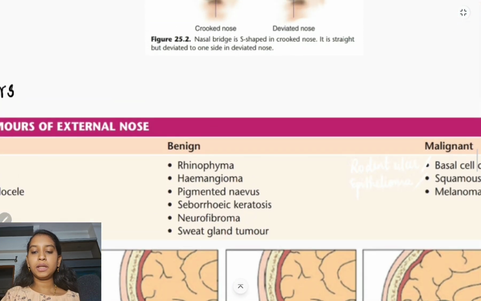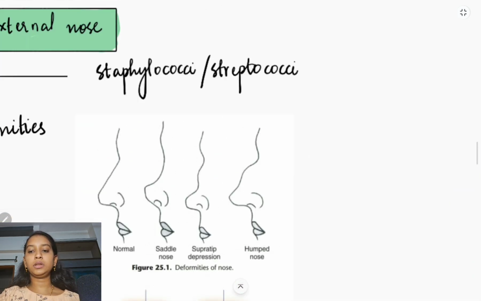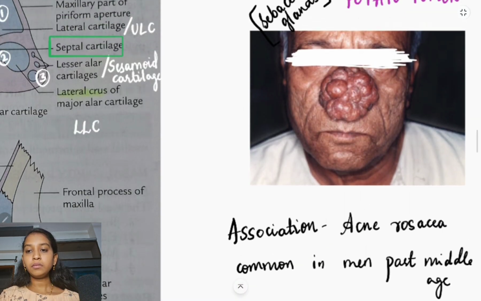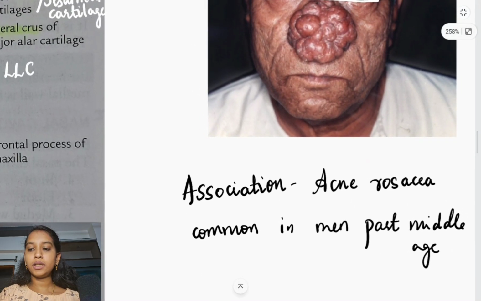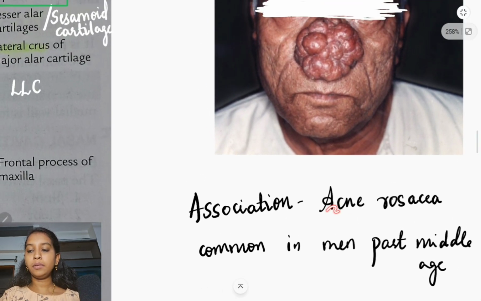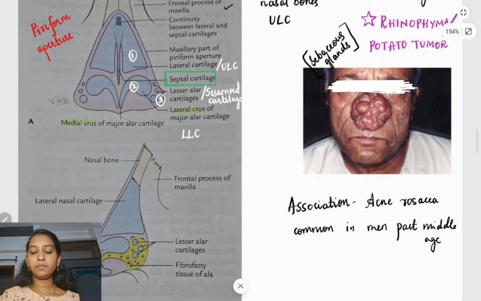Coming to the benign tumors, rhinophyma or potato tumor is due to the hypertrophy of sebaceous glands. It is associated with acne rosacea and it is more common in men past middle age.